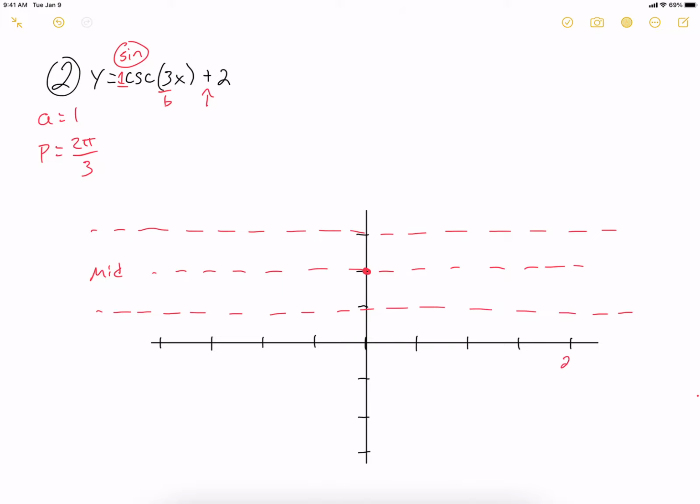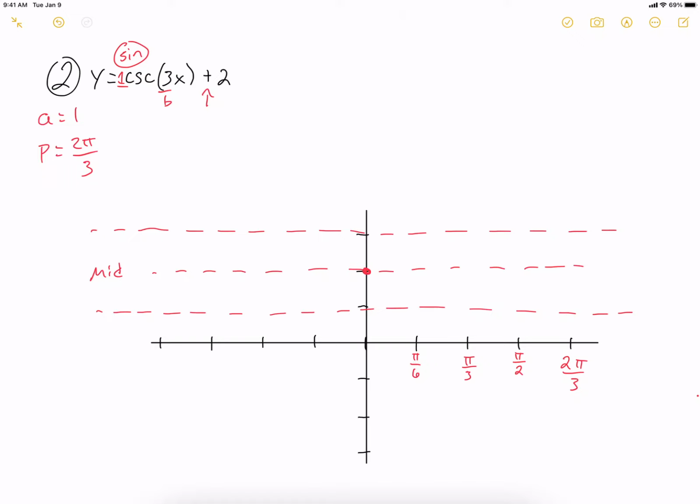So our period, our 4th tick mark is 2 pi over 3, and half of that, technically remember when you multiply by half or take half of something, you're multiplying the denominator by 2. So this would be 2 pi over 6, but that reduces to pi over 3. Half of pi over 3 would be pi over 6. And then when I multiply pi over 6 by 3, I would get 3 pi over 6, but 3 over 6 reduces to 1/2. And so here would be our tick marks.